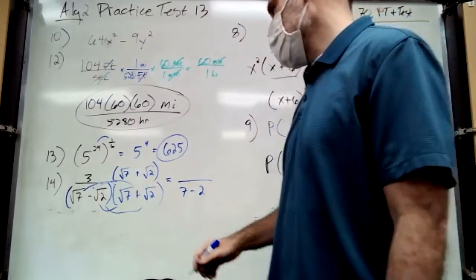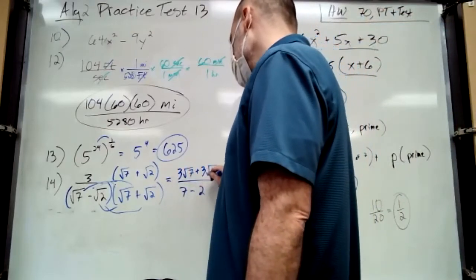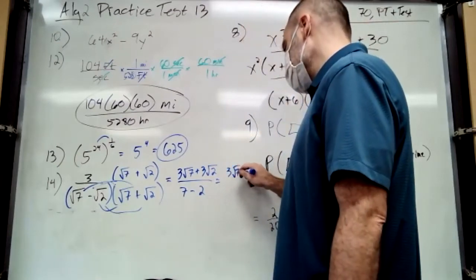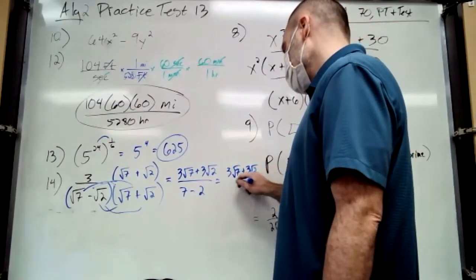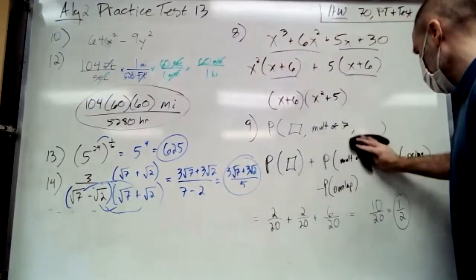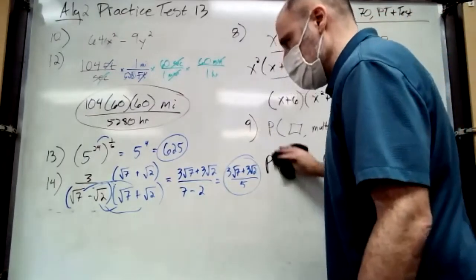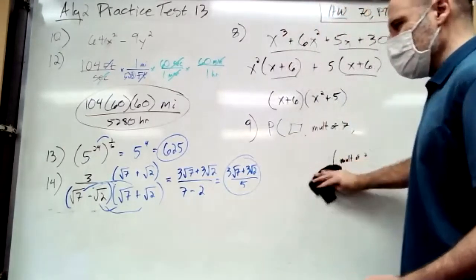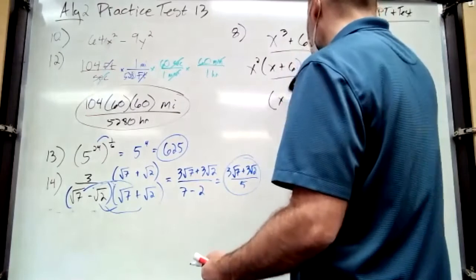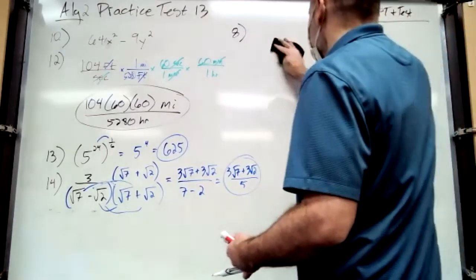On top, you get 3 radical 7 plus 3 radical 2. So the final simplified answer is 3 radical 7 plus 3 radical 2 all over 5. You can FOIL it out if you want to. You would have gotten a positive radical 14 minus radical 14. Those cancel, and you're left with 7 minus 2, which is 5.